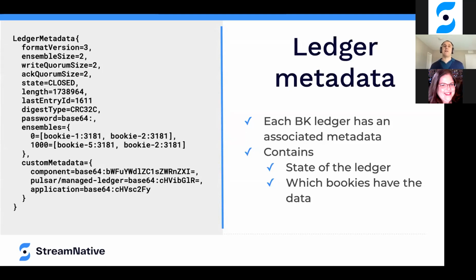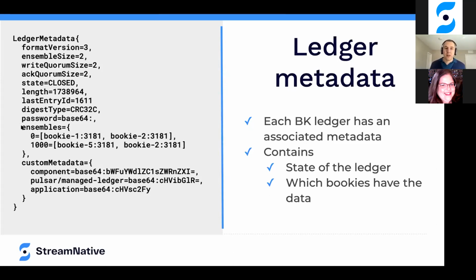So there are a few states there. There is also other information like ensemble size, write quorum, and ack quorum, and this basically means how many bookies are involved for this ledger, how many replicas of the data, how many writes we have to do, how many acknowledgements we have to wait for, and the length of the ledger, the digest type.